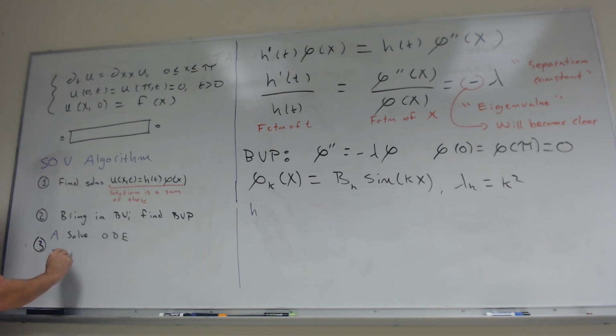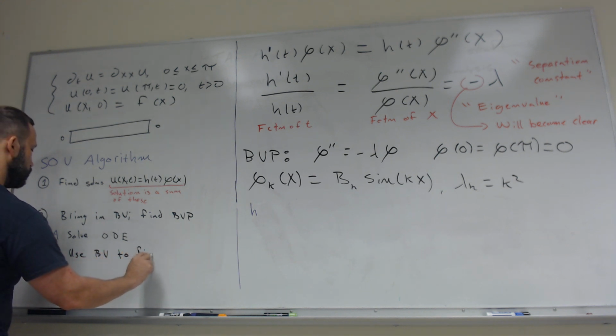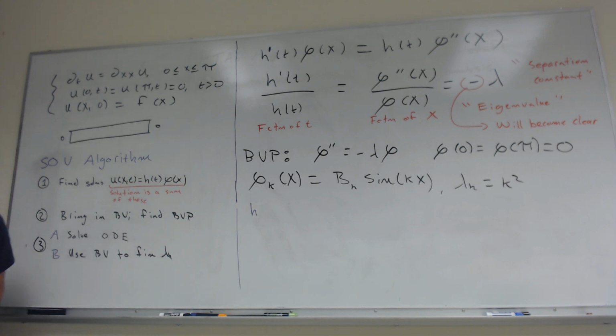Part b is use the boundary values to find the lambda k's that are allowable. And then part c, solve the h equation.